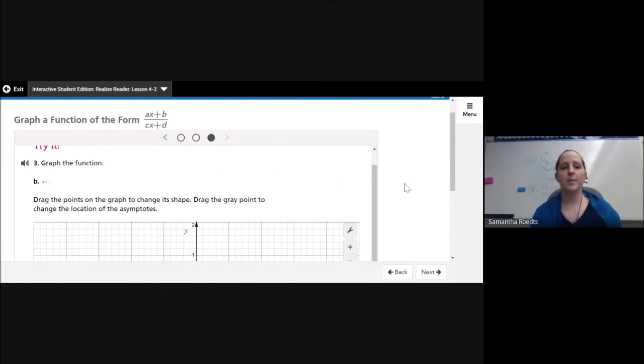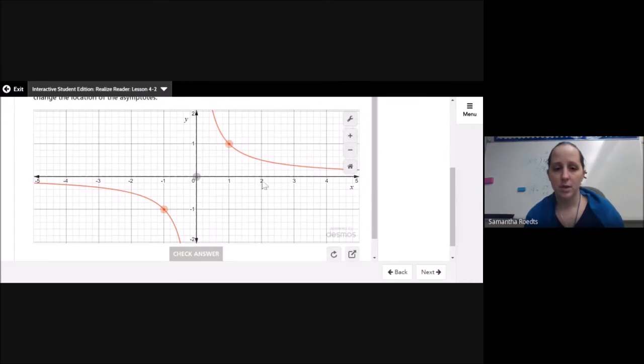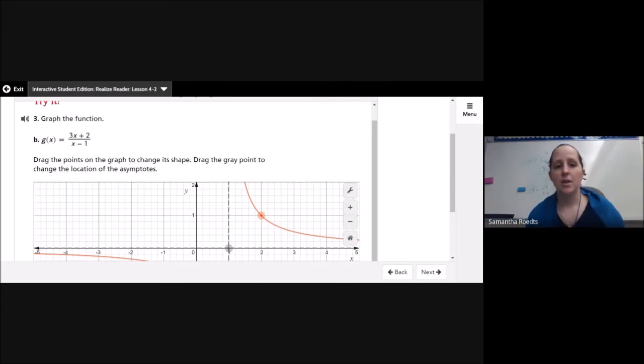Okay. All right, I want to graph the function g of x equals (3x plus 2) over (x minus 1). I drag the points on the graph to change its shape and drag the gray point to change the location of the asymptotes. So for the vertical asymptote, x minus 1 equals 0, so x equals 1. So vertical is 1. Okay, then I figure out the horizontal, so I divide 3x plus 2 by x minus 1.